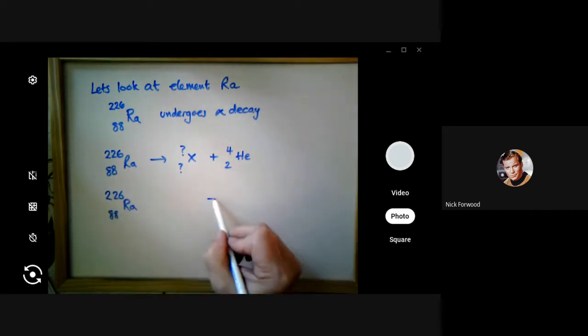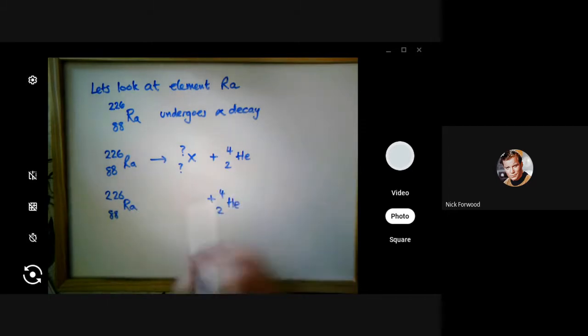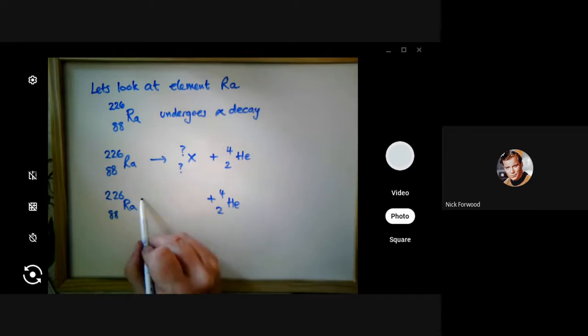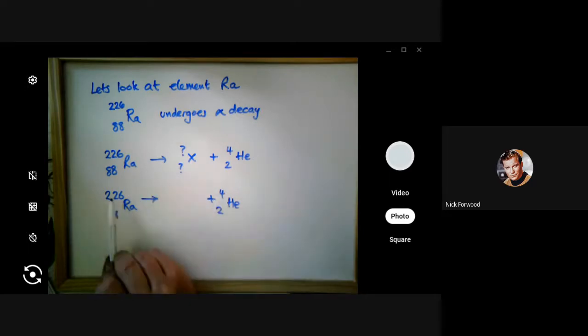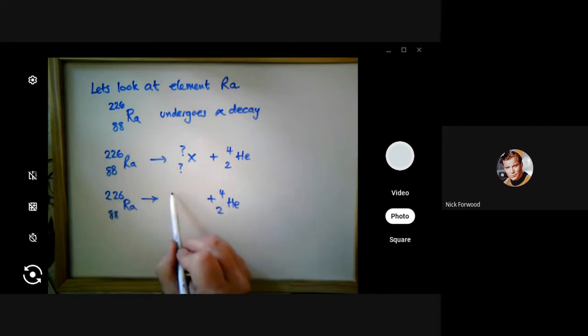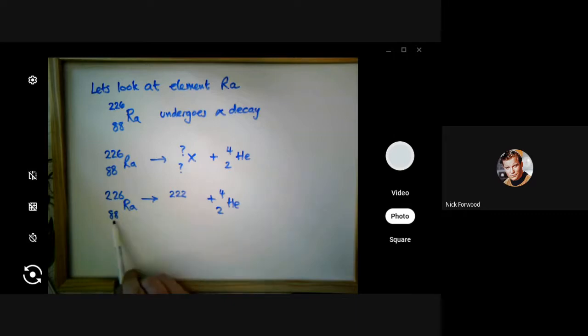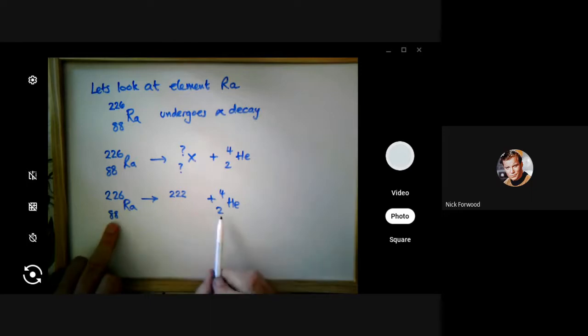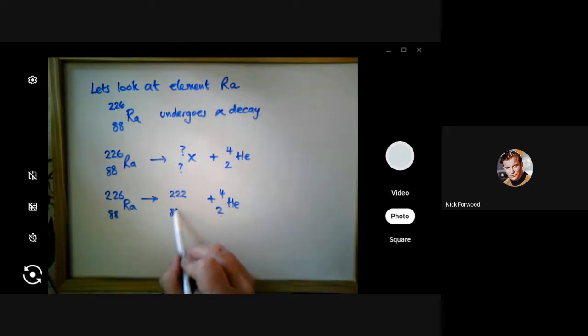I know I've got my alpha particle that is emitted, but what have we got left? What's the other missing mystery element? Well, I've got 4 on the right, I've got 226. So what do I have to put in here to balance this up? It's quite simple, it's 222. And what have I got to put in the bottom here to balance up 88? Well, if I've got 88 and I've lost 2, I must have 86, whatever 86 is.